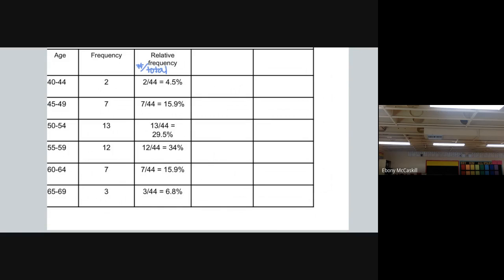They did the number over the total. I see one student checking the math and practicing. That's perfectly fine.